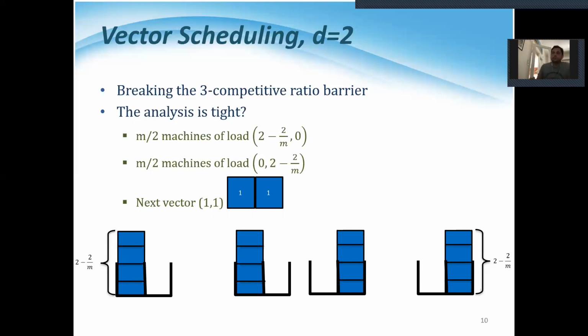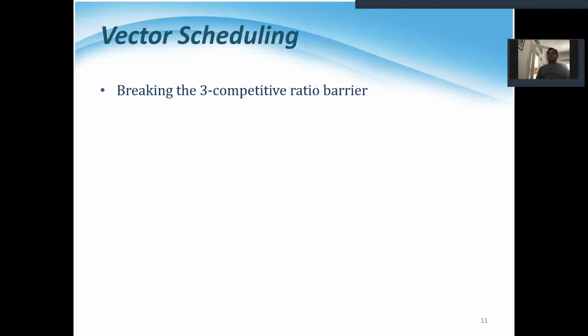So in order to understand whether 3 is the correct answer, we need to understand whether this unbalanced state is possible using the greedy assignment, where we have m/2 machines with a lot of load in the first coordinate and 0 load in the second coordinate, and its mirror on the other half of the machines.